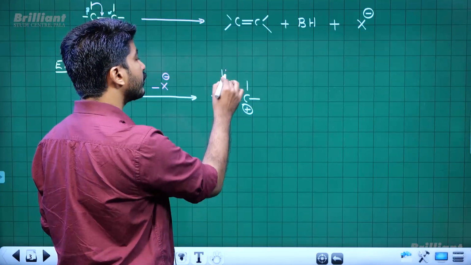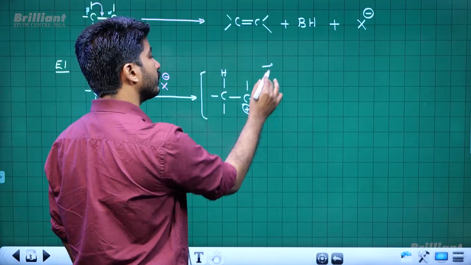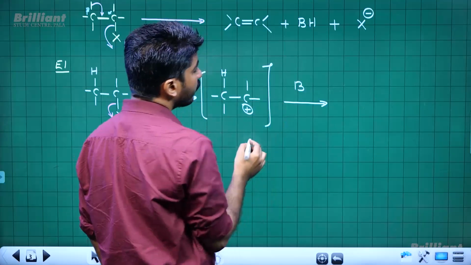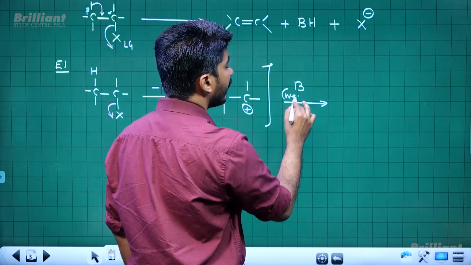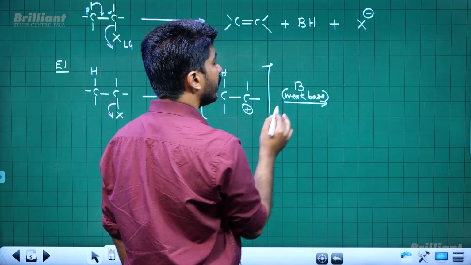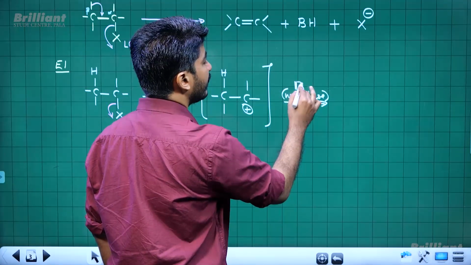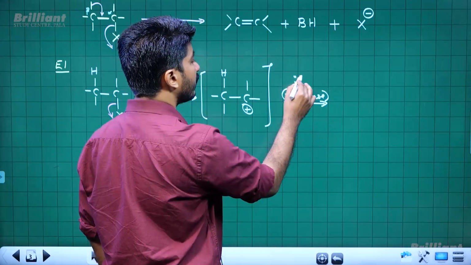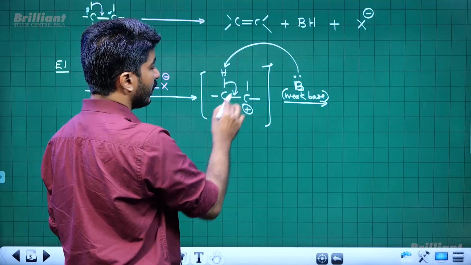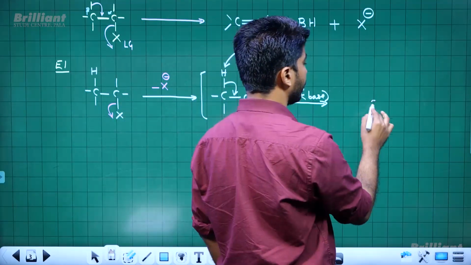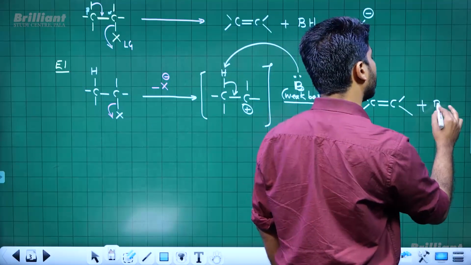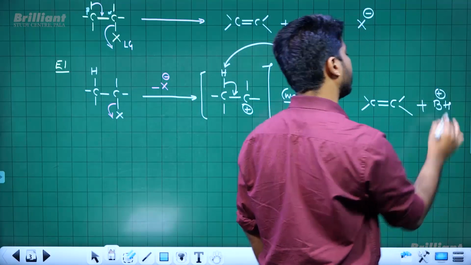Later a base comes. This time it's a weak base, therefore I am not applying the negative charge; just B will be sufficient here. The base takes H plus and produces the pi bond plus BH plus. The base forms the conjugate acid.